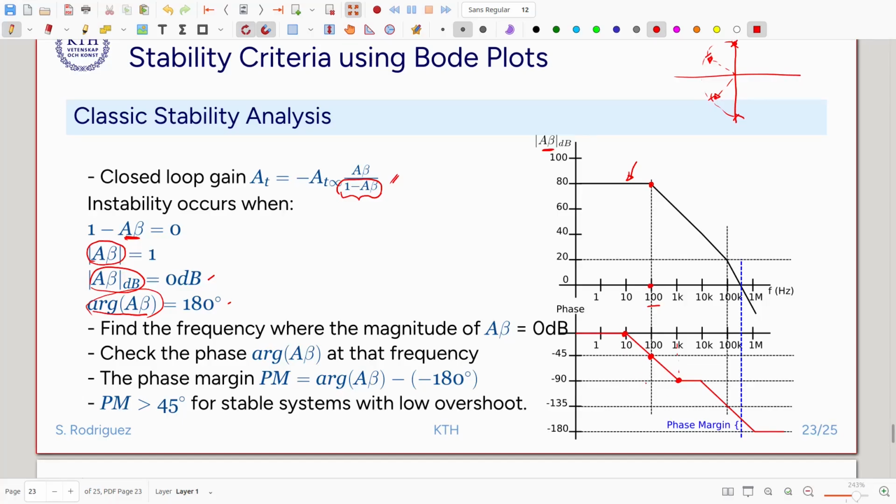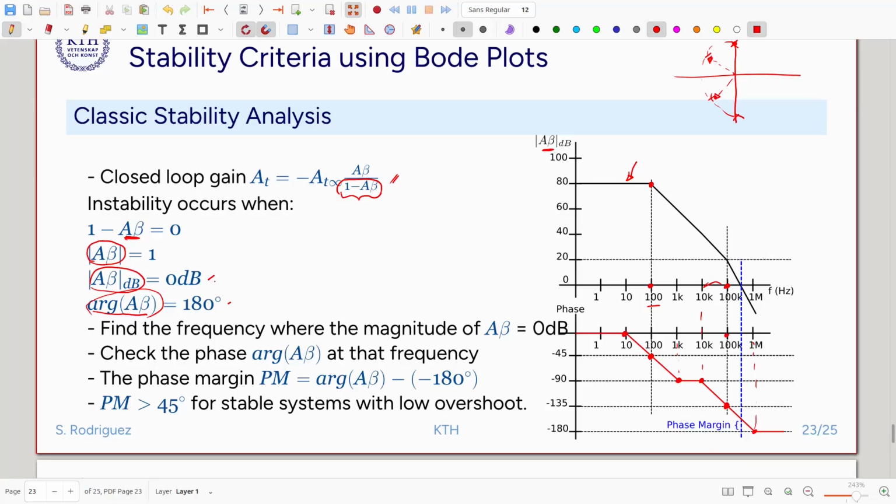Okay, so the first pole will contribute minus 90 degrees, and then the second pole that comes at 100 kilohertz will start shifting 1 decade before. It will shift to minus 135 degrees, that is minus 45 degrees exactly under the pole. And then it will finish around 10 times higher frequency, that is 1 megahertz, with minus 180 degrees.